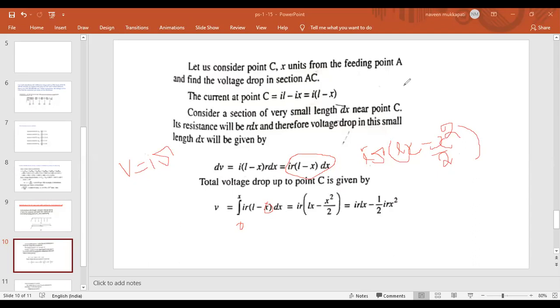Then we substitute the limits. The limits are 0 to x.